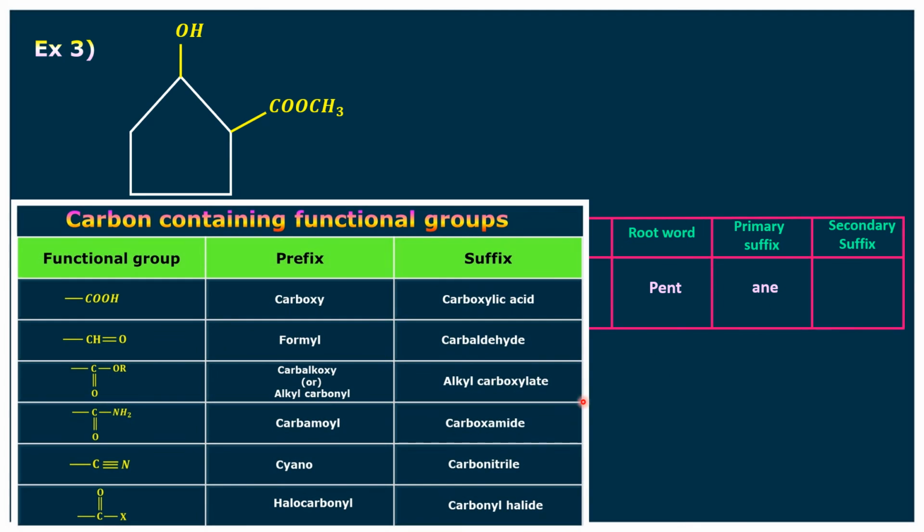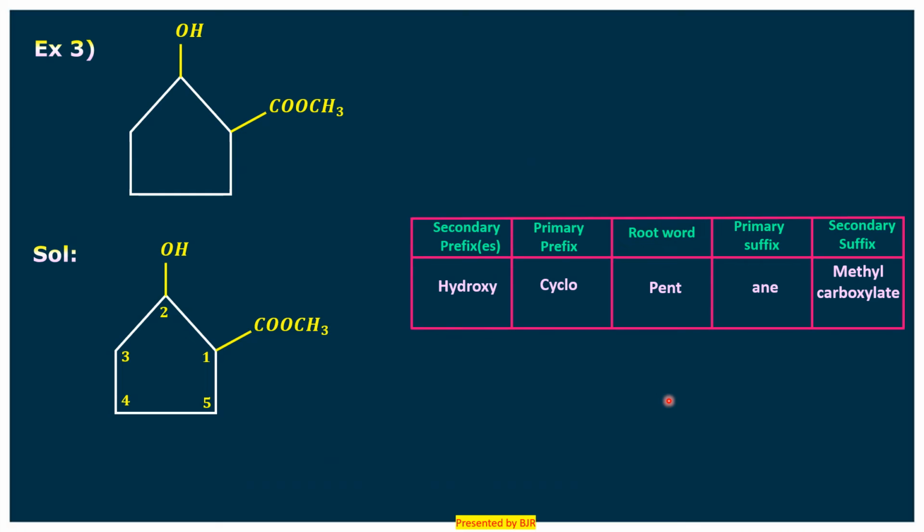Next, secondary suffix: you can see here COOR, it is alkyl carboxylate, here methyl carboxylate. Okay, so while naming this organic compound, when the COOR functional group is attached directly to the ring, while naming esters, the alkyl group in the ester functional group should be named first, that is methyl.